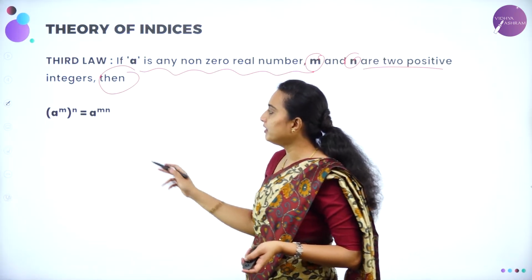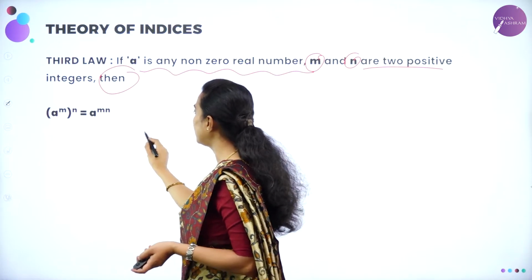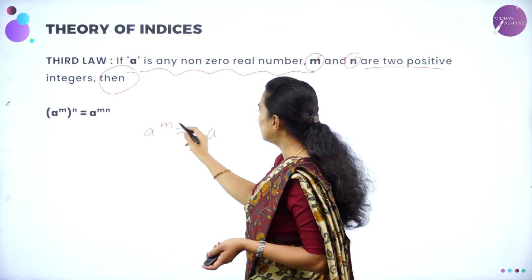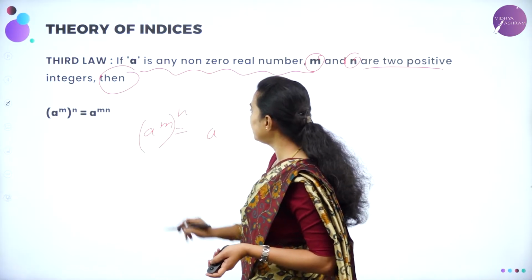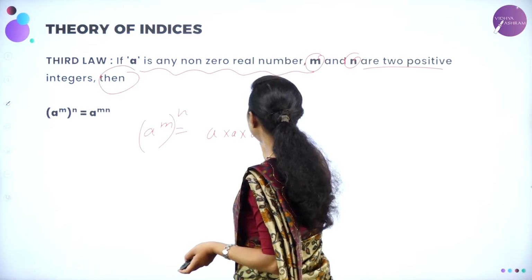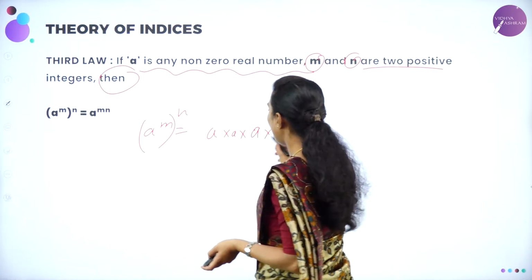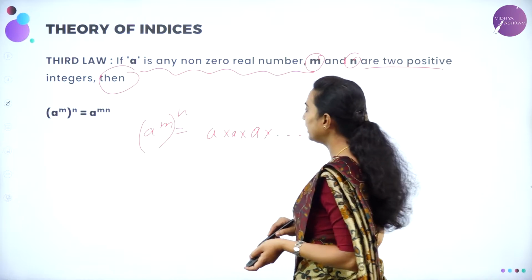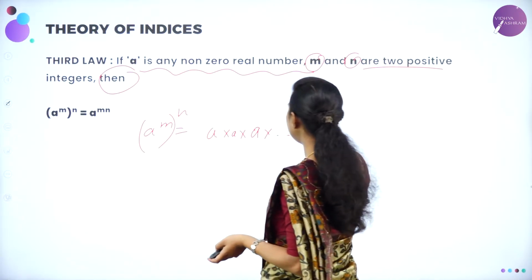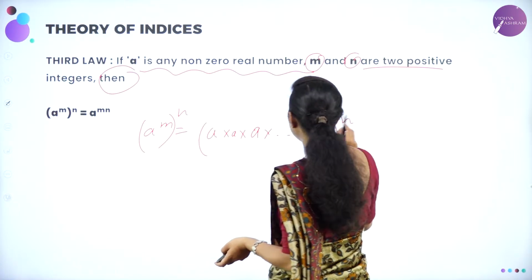You are going to have it as a power m, whole power n. I am going to write a into a, etc., up to m terms, correct? And then you are going to have it as power n, which means again this will be whole power, correct?